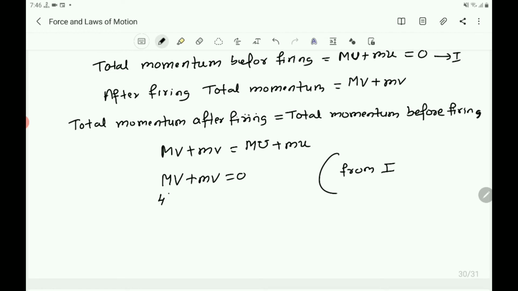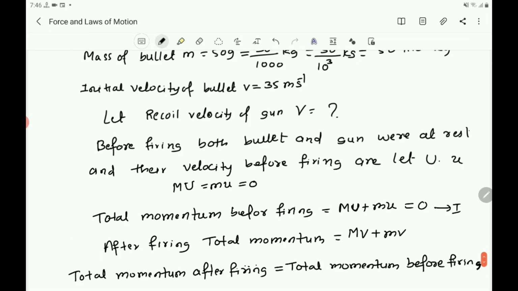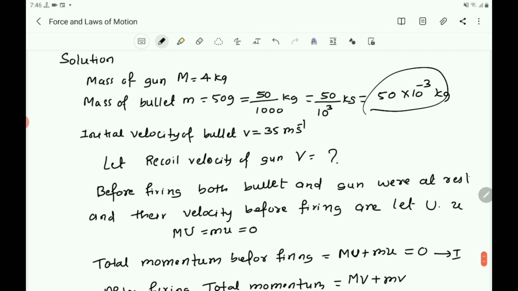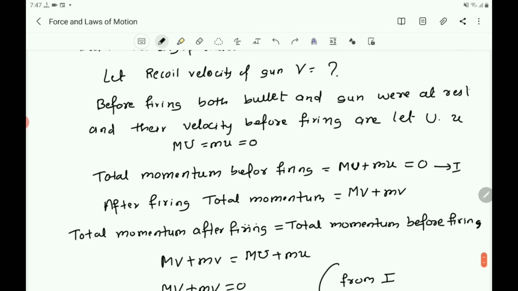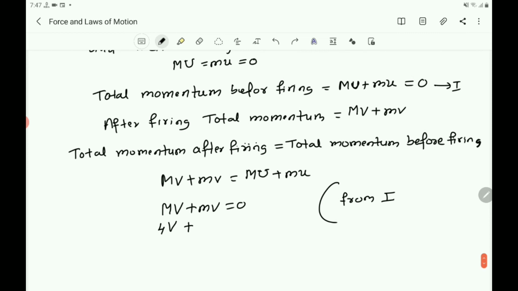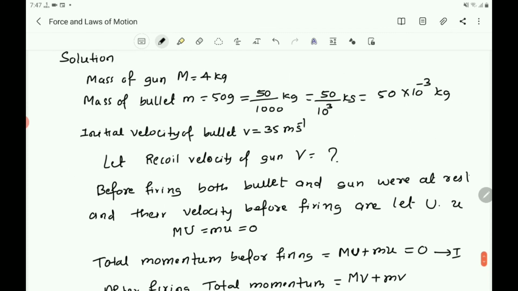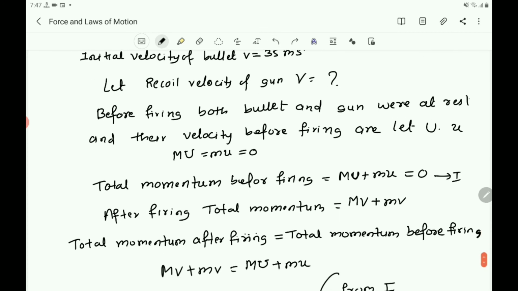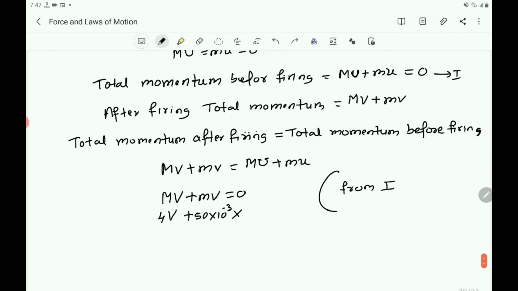So you write 4V plus m, the mass of the bullet, 50 into 10 to the power of minus 3, into small v, the velocity of the bullet after firing, 35, equals 0.